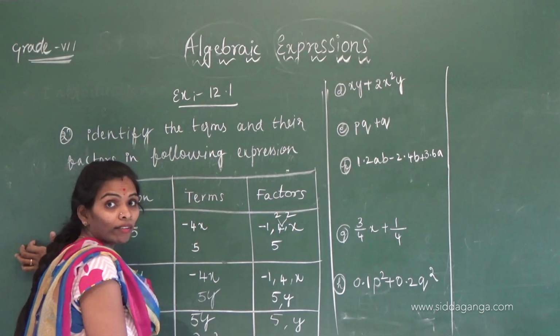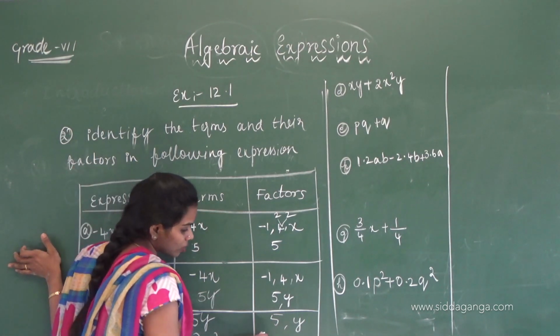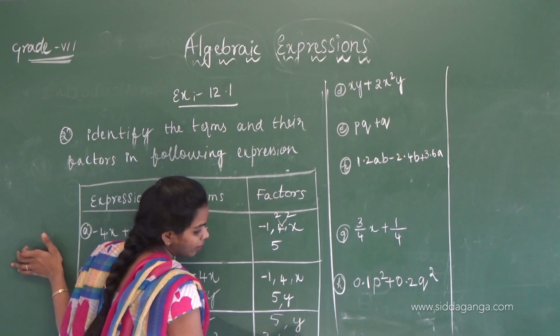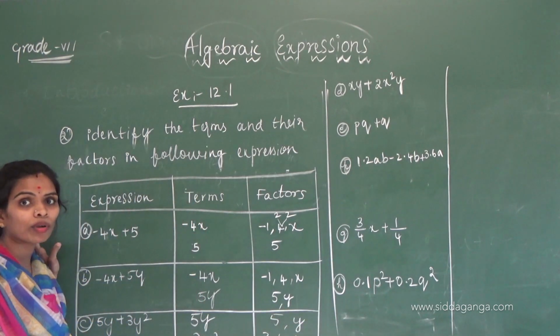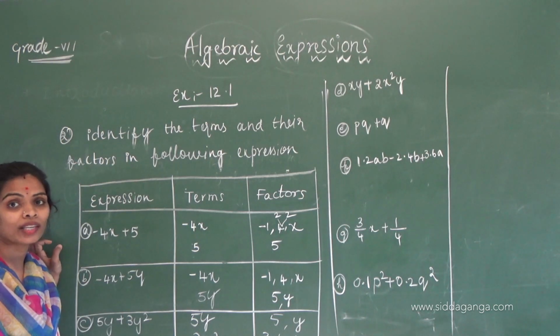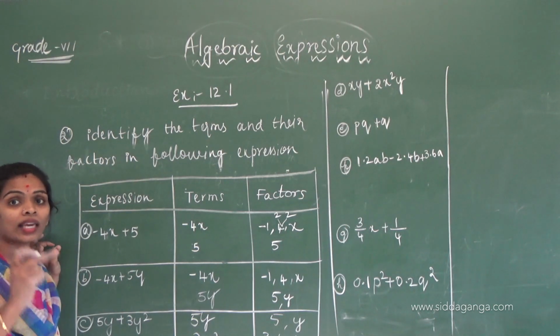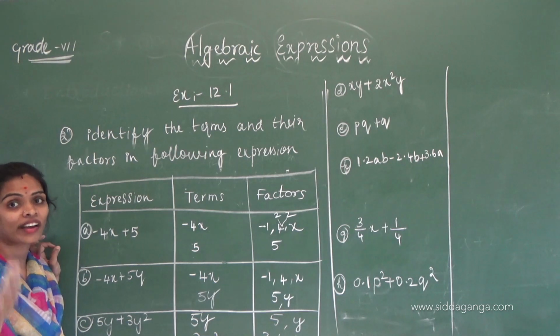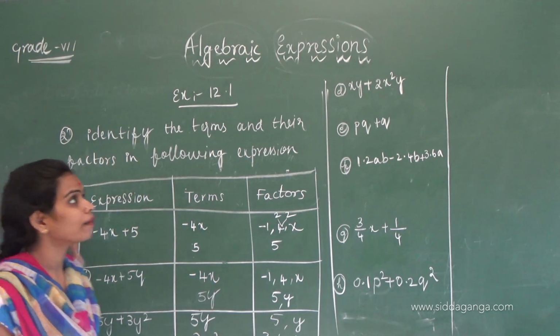Then 3y square: the factors are 3, y, y, because y square can be written as y into y. That's why I have 3, y, y as factors of 3y square.